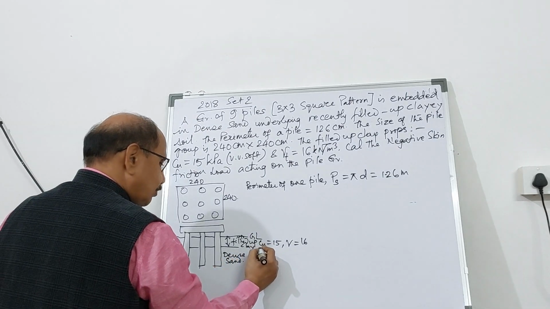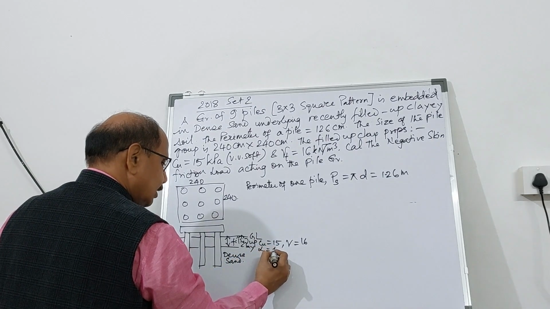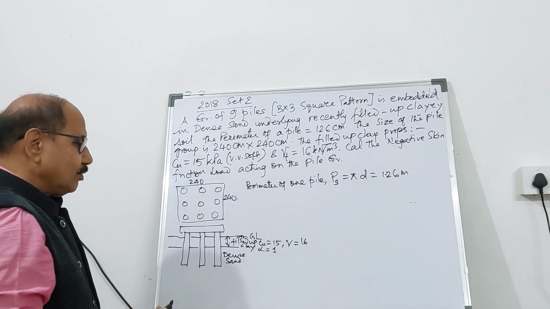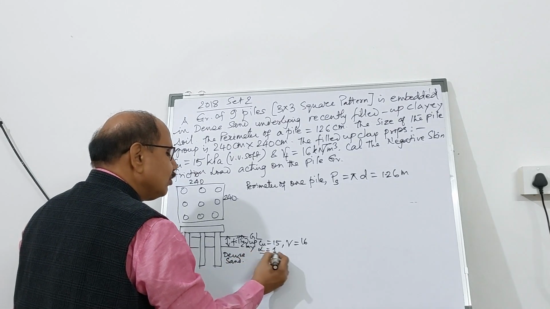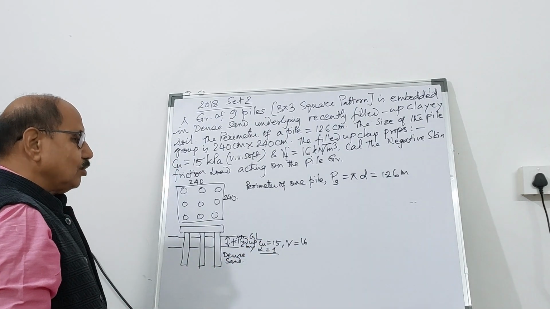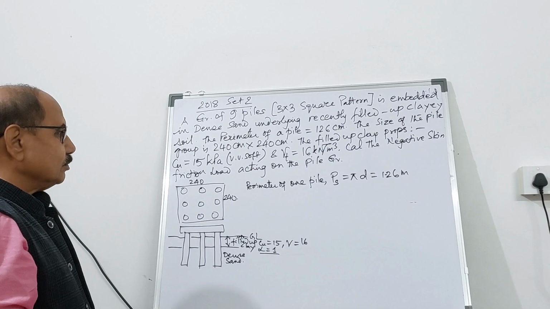So if it is so soft, naturally you can refer as 2911, where alpha value will be 1. For very, very soft soil, the value of adhesion factor will be 1.